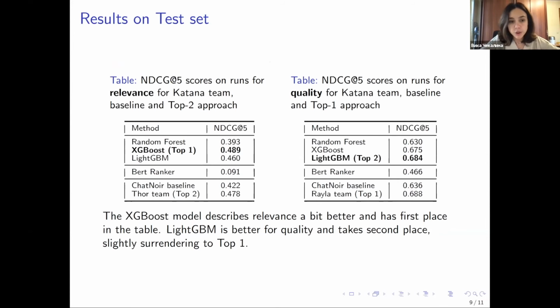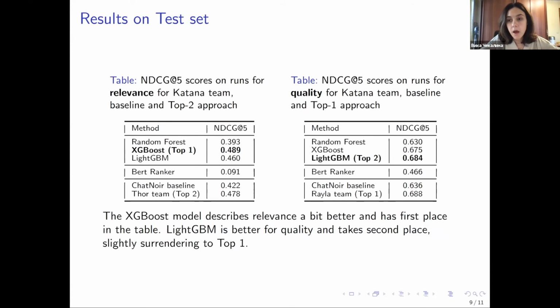And according to this direction, the best score comes from XGBoost, and XGBoost has top 1 this year. The lowest score has LightGBM. Then go baseline, then random forest, and BERT ranking has not a very good score according to relevance.